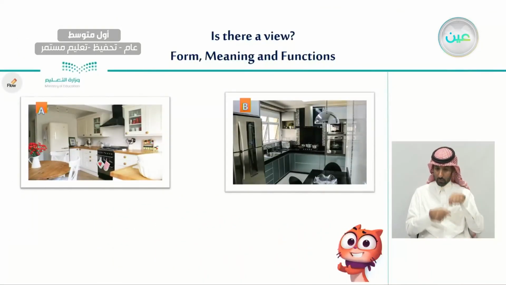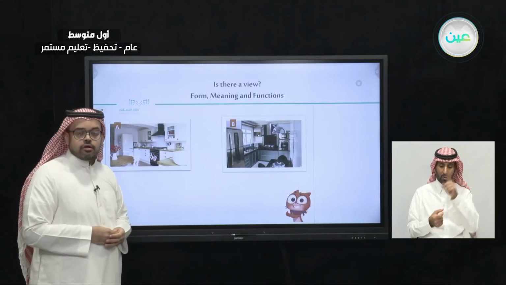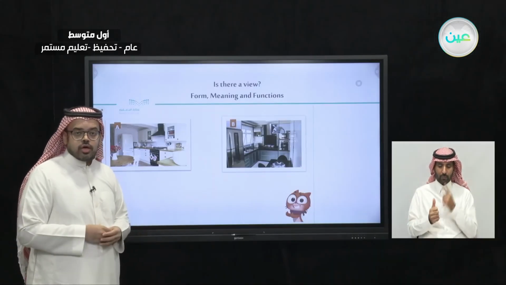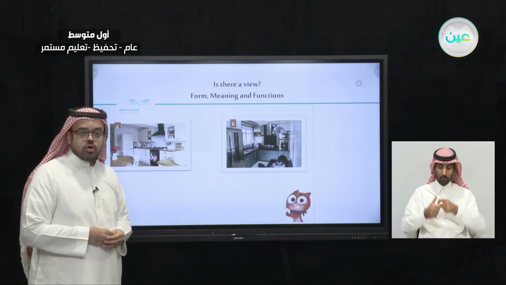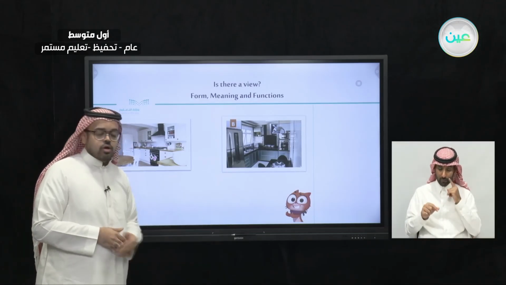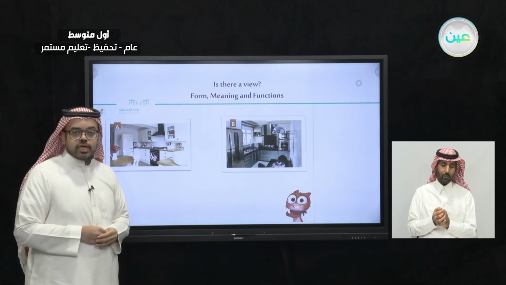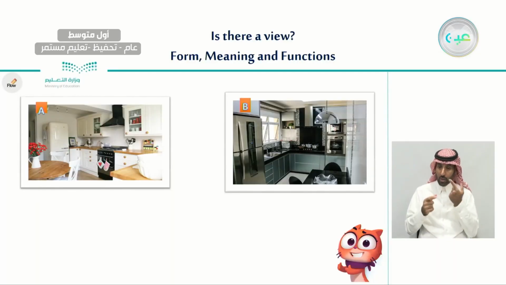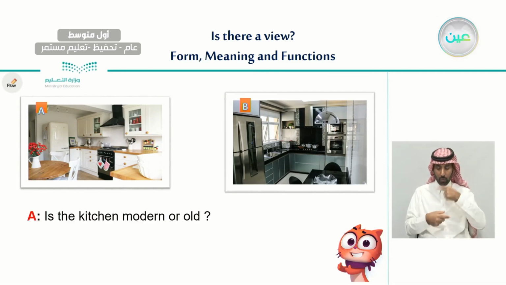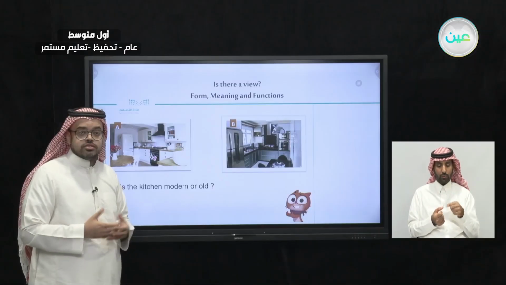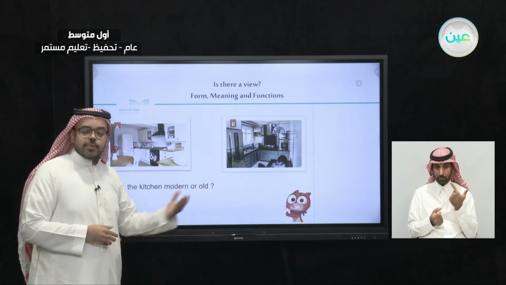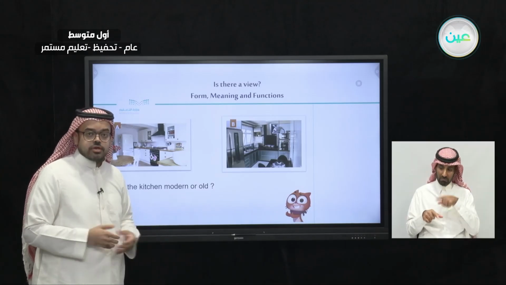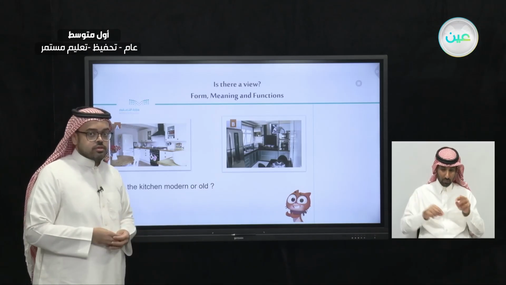I'm going to ask a question using the conjunction or, and my partner here will try to guess which one it is. For example, I would ask if the kitchen is modern or old. If my partner says it is modern, I would choose which picture?